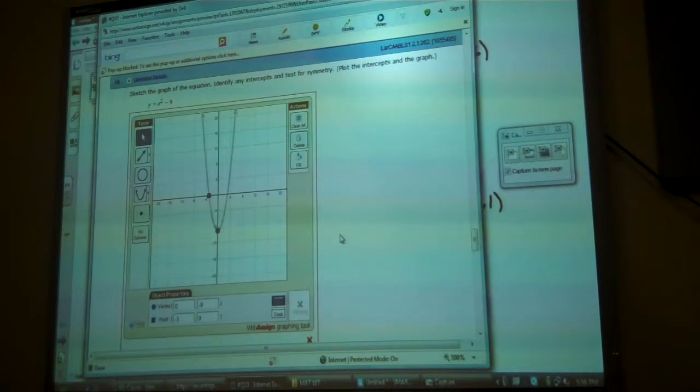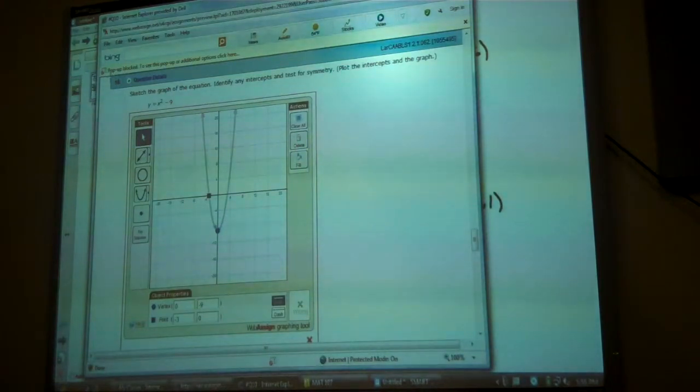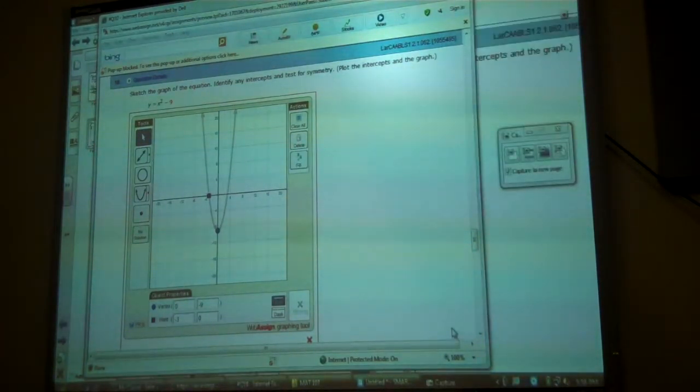Let me take a picture of that. Then there's other parts to the question about symmetry.